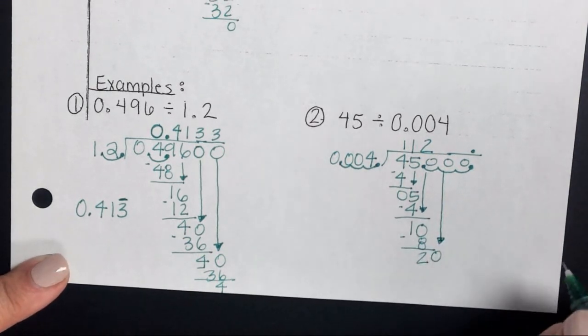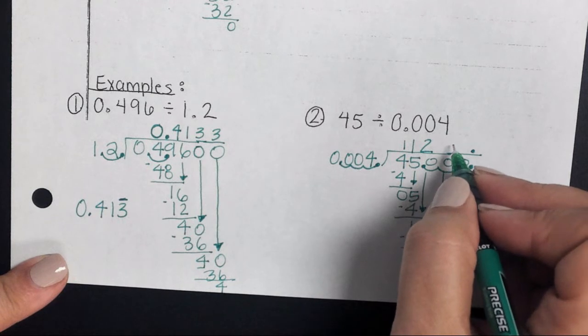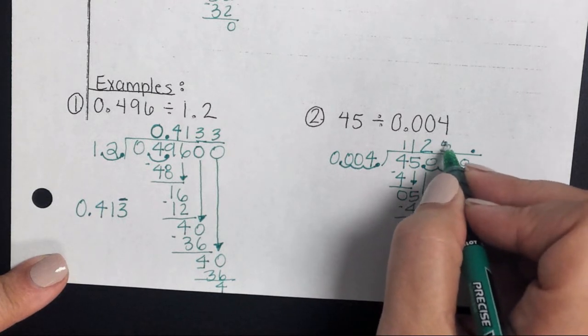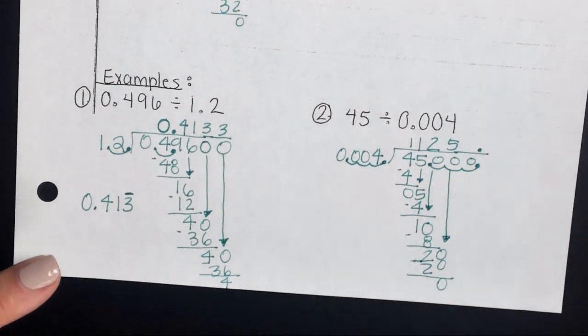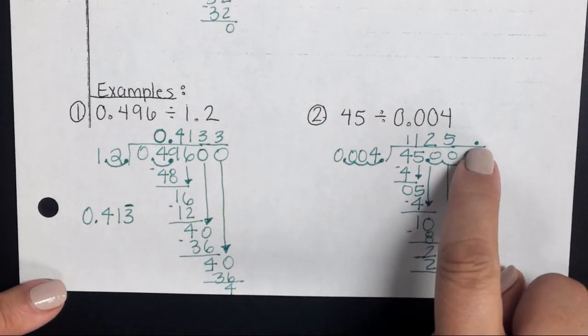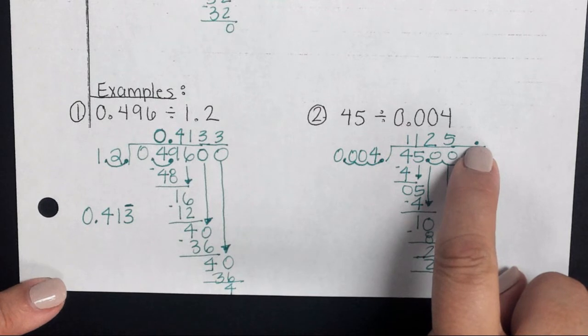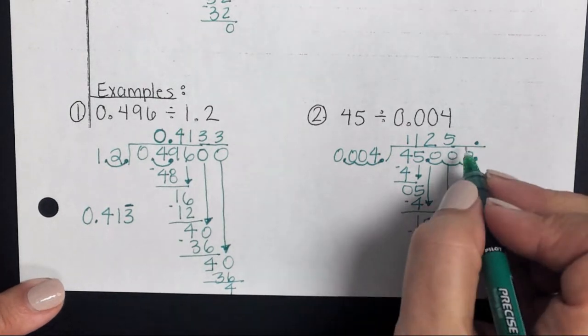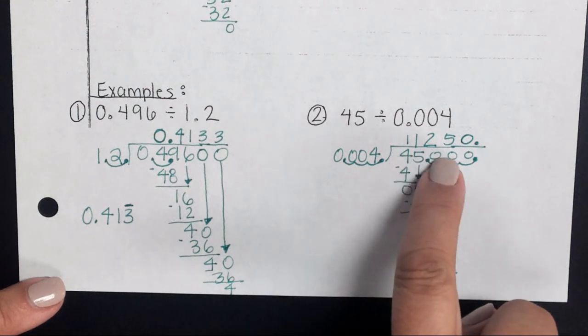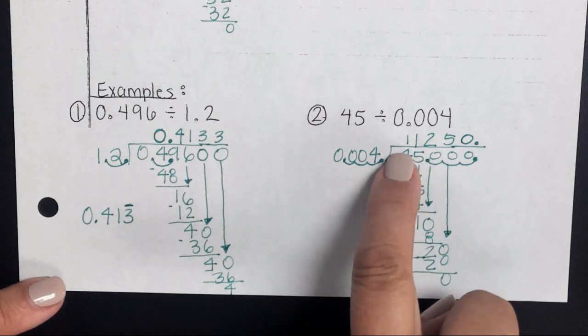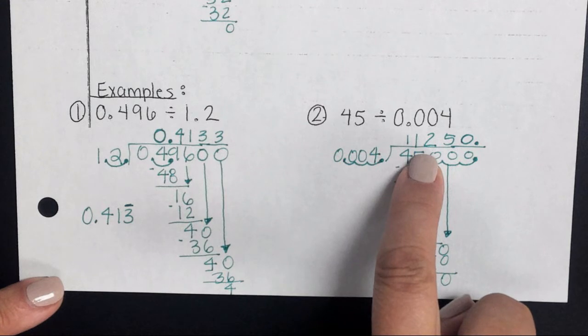Can 4 go into 20? How many times? Now at this point, whoops, I have nothing left over. But what do I have up here? I have to put a placeholder up there because there's a huge difference between 11,250 and 1,125.